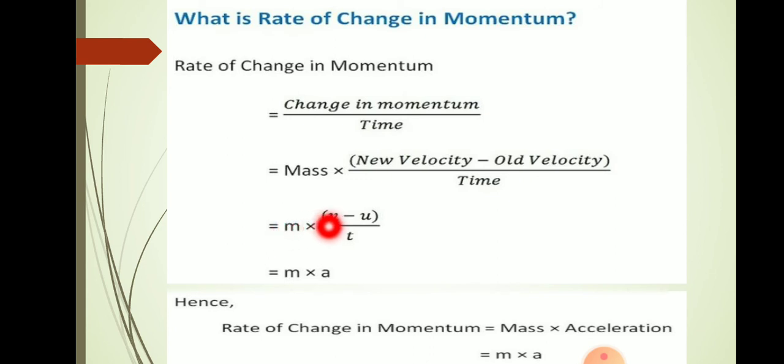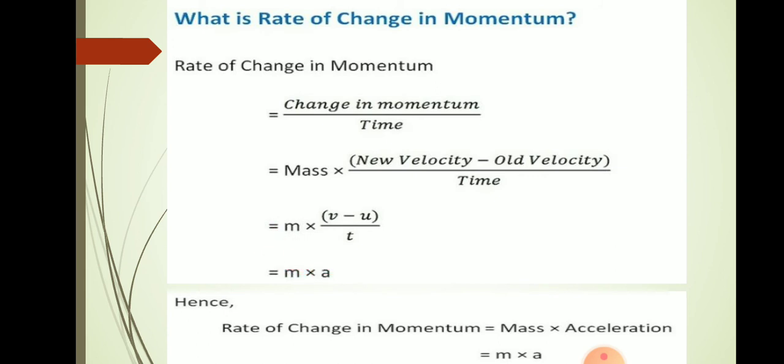Change in momentum is m into (v minus u); if you divide it by time, we get the rate of change of momentum, m(v minus u)/t. You learned the first equation of motion, v is equal to u plus at. From that equation, we can substitute (v minus u)/t as a. So what happens? Rate of change of momentum is equal to mass into acceleration.